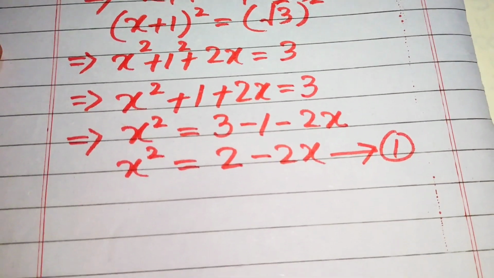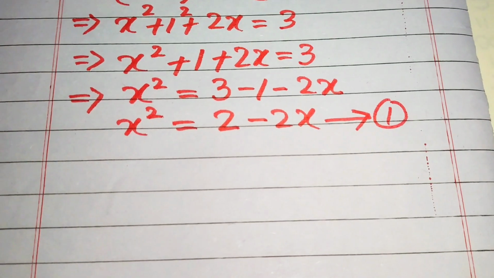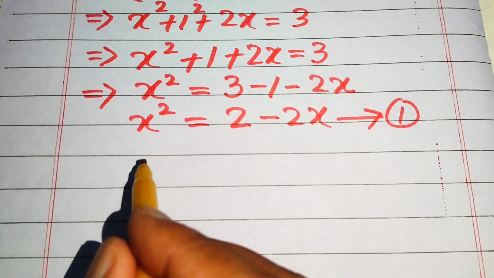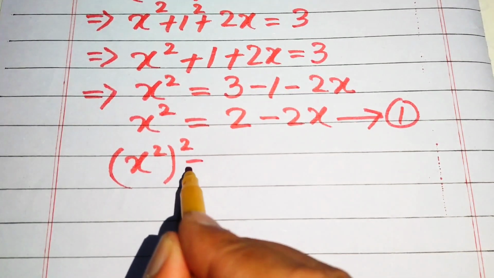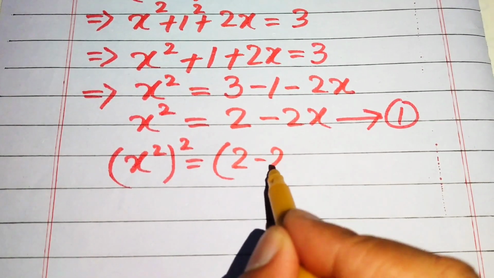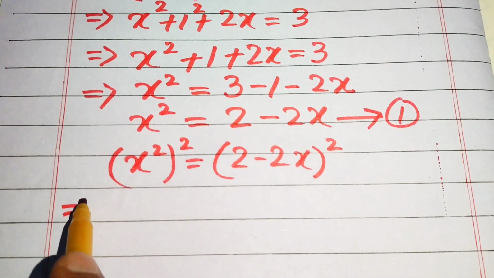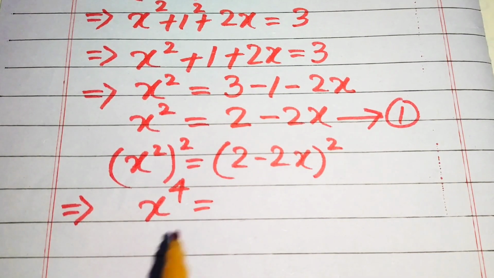And here we use equation number 1 to find the other powers of x. So now we take the square on both sides of this equation, and it is written as x square and its whole square equals 2 minus 2x whole square. So the left side is x square whole square, which equals x to the power of 4.